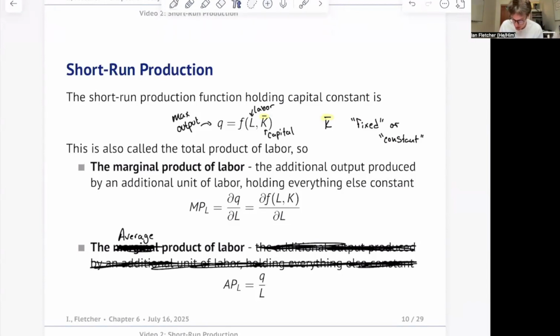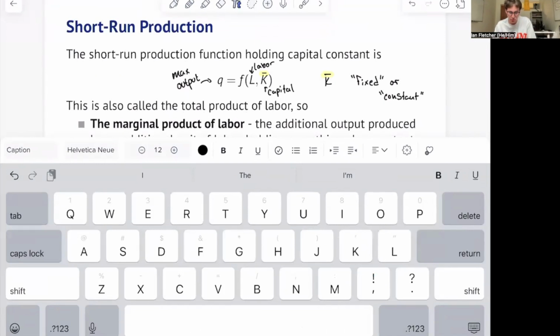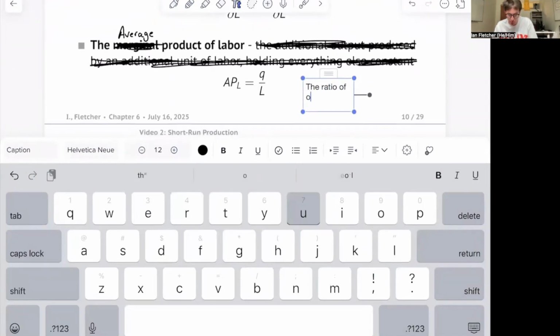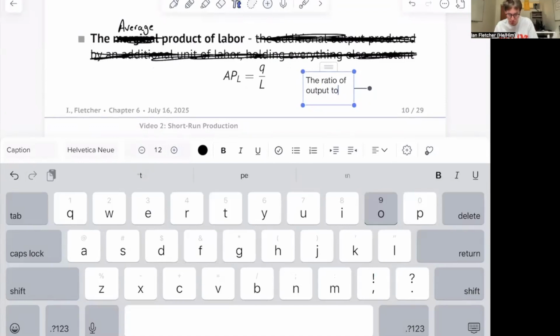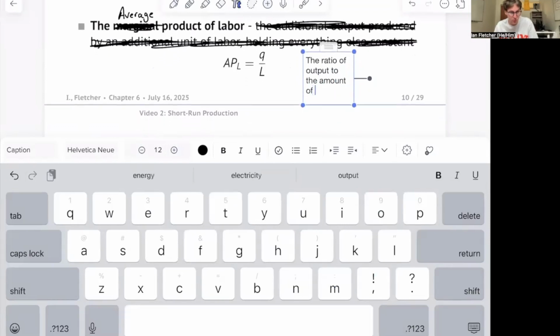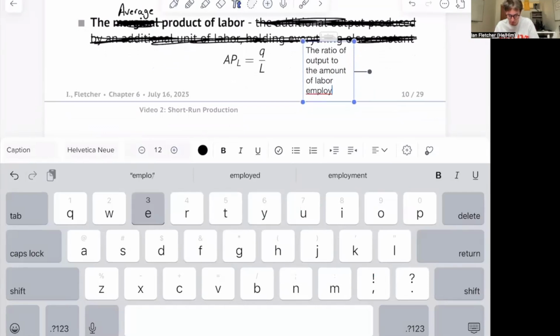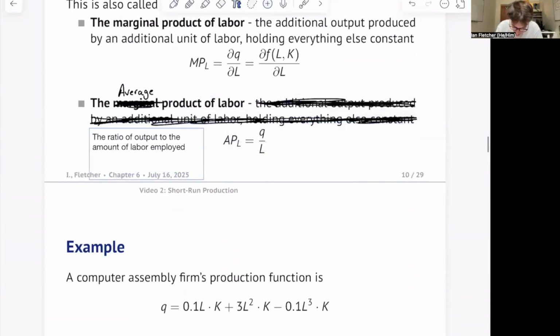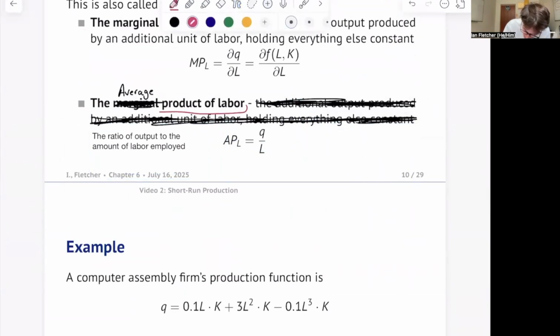This should be something like this. So just pick this one up here.